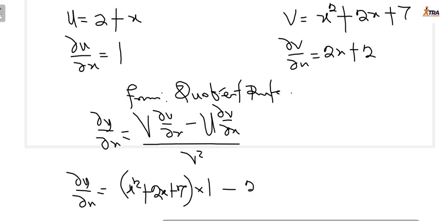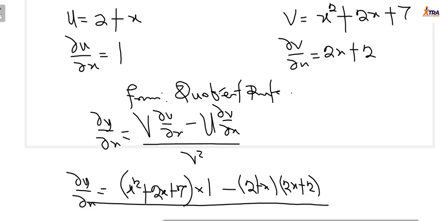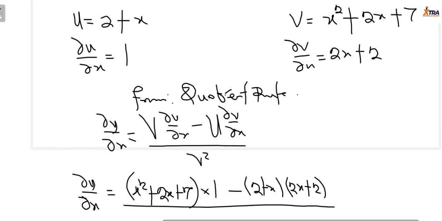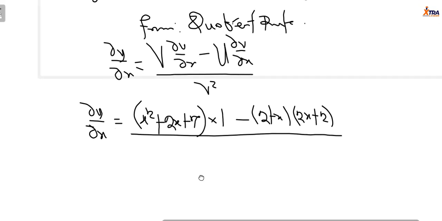U is 2 plus x in brackets, dv over dx, we have 2x plus 2, over v squared.